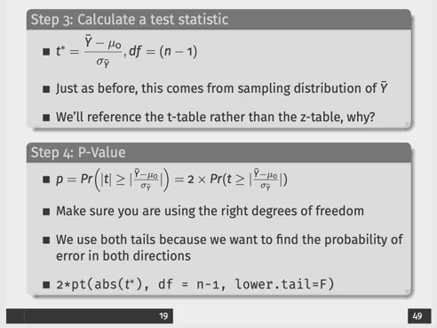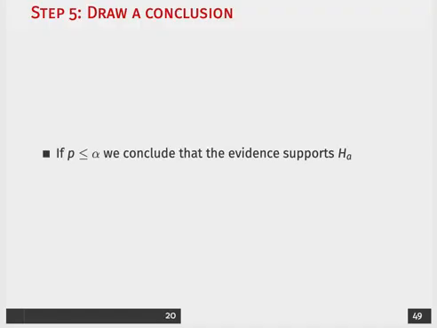The way in which you're going to go about doing this in R is rather than using p-norm, which references the probability distribution of the normal distribution, we're going to reference the probability distribution for the student t distribution. Once we have our p-value, we can actually make a conclusion and an interpretation.